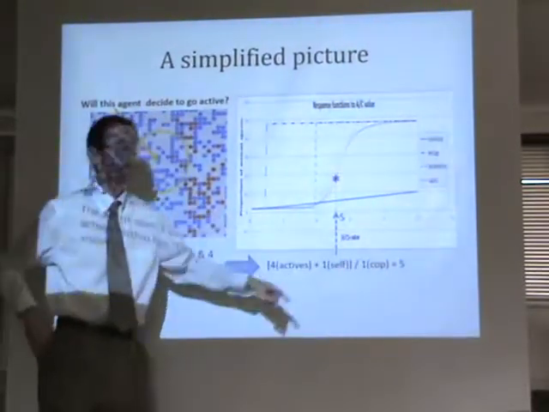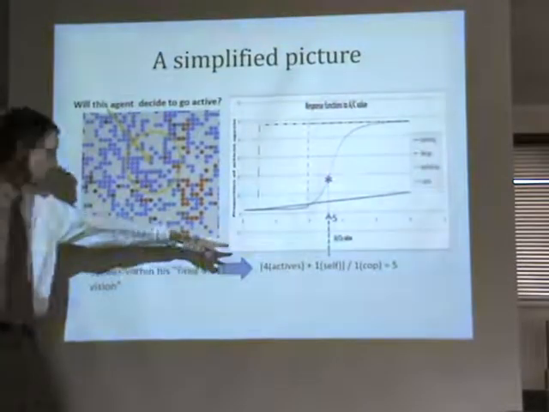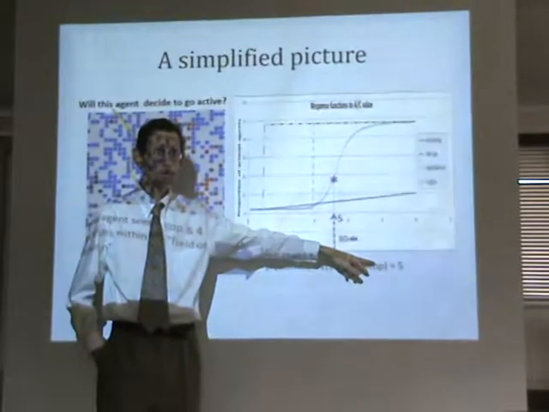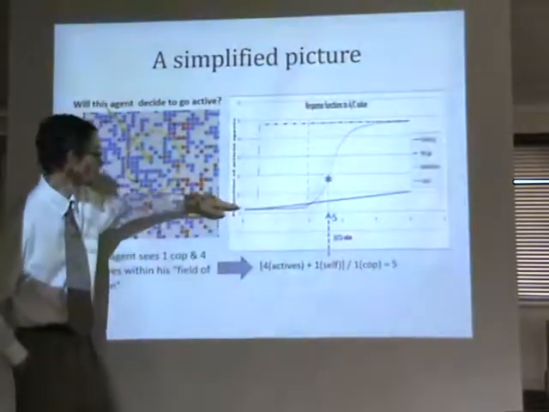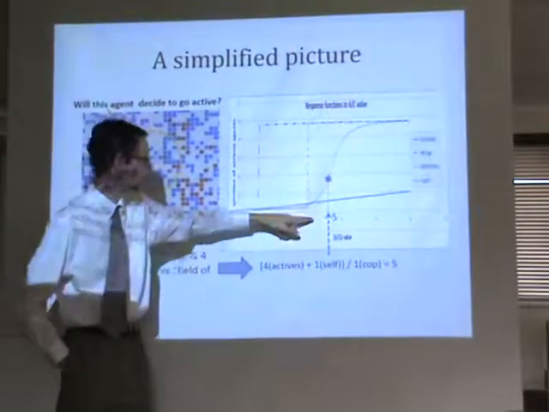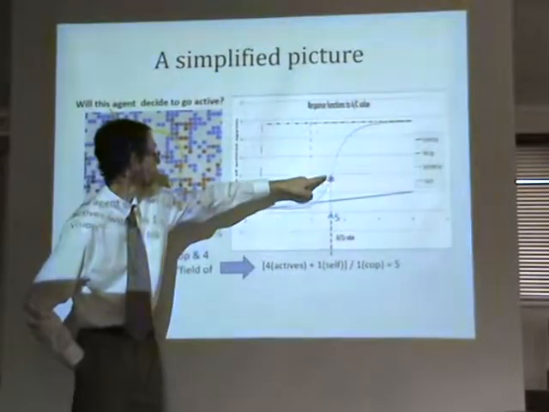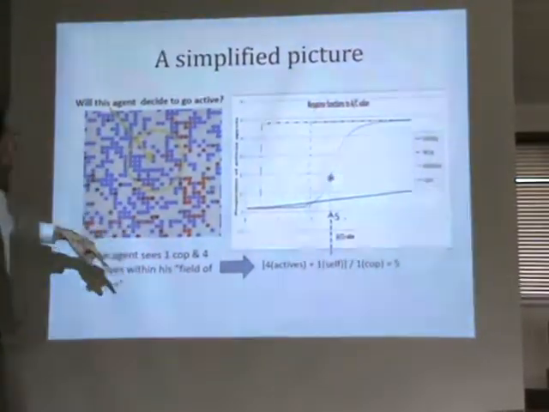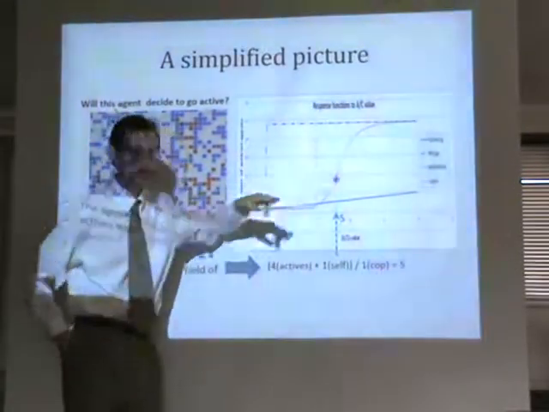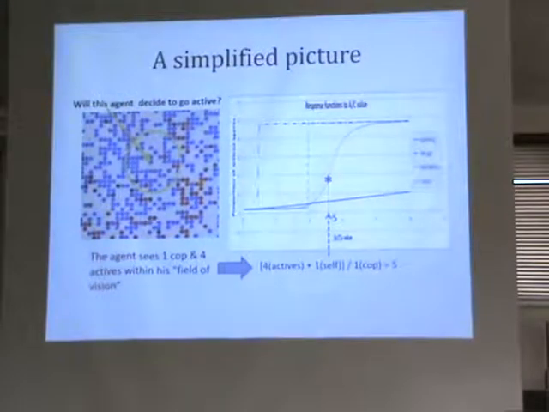So you have a scale: the larger this ratio is, the more likely he is to go active. I have this function which I can call the activation function. I find 5 on the activation function, and then 5 goes up here, and then because not all agents have the same threshold, there's a distribution of thresholds.